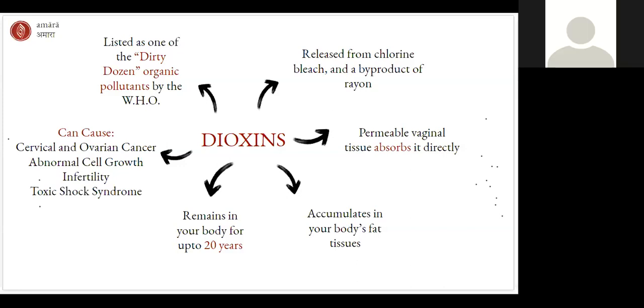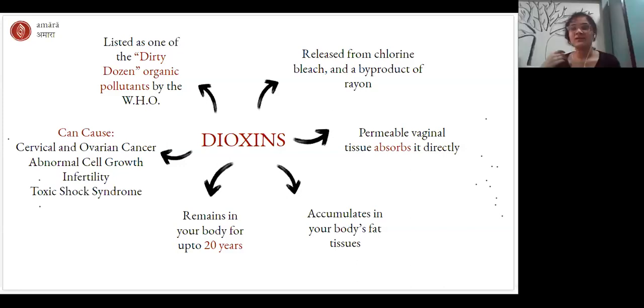But what we sometimes overlook is that we don't use pads just once, right? A menstruator generally uses approximately 9,000 to 15,000 pads in her lifetime.